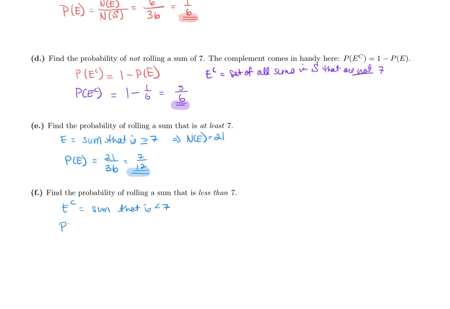So the probability, remember we just saw it above, the probability of our complement is equal to 1 minus the probability of our event. So the probability of E complement is 1 minus 7 over 12, or 5 over 12. So 5 out of 12 times, you'll roll a sum that is less than 7, but 7 out of 12 times, you'll roll a sum that is at least 7.